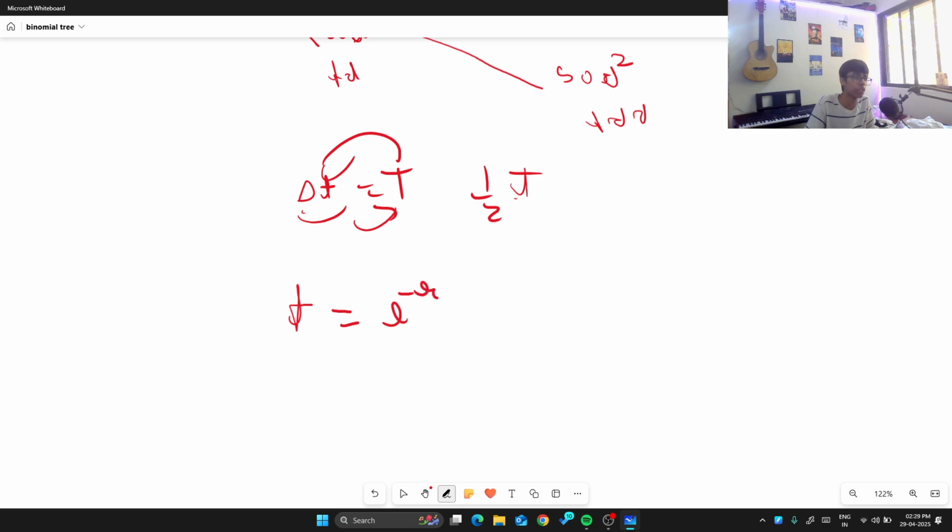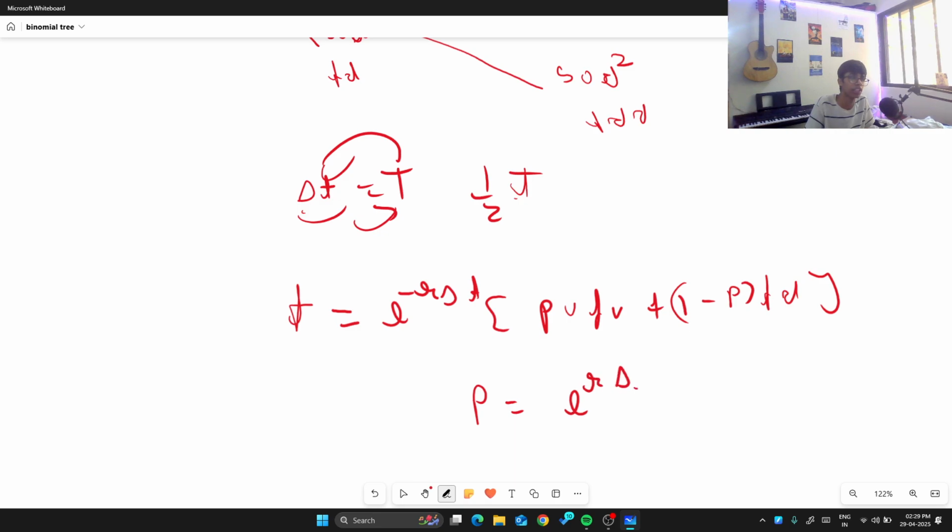That would be e to the minus r delta t, p f_u plus 1 minus p f_d. Yeah, that's simple. And our probability would change to e to the r delta t minus d upon u minus d.